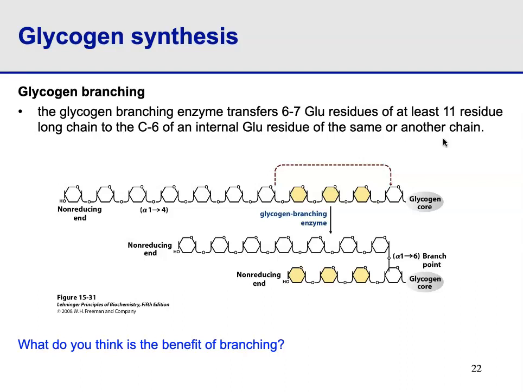On the opposite, glycogen phosphorylase can now bind to each one of those ends, and instead of removing one at a time from a linear chain, because the enzyme can only break one at a time, in the same amount of time, if you have 2,000 non-reducing ends with 2,000 copies of glycogen phosphorylase, you can generate 2,000 glucose molecules, whereas one will be removed from just a linear polymer of glucose, such as amylose.